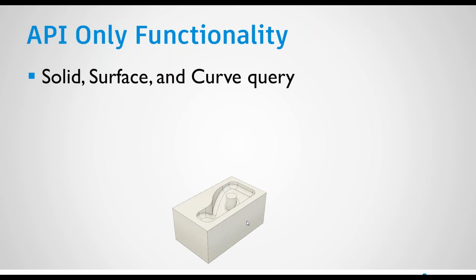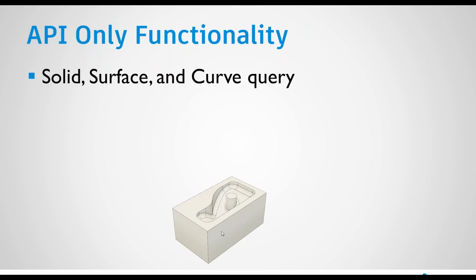For example, I have this simple model here, and I could get this face, and from the face I can find out that it's planar, I can get normals, curvatures, and different information from the face itself.